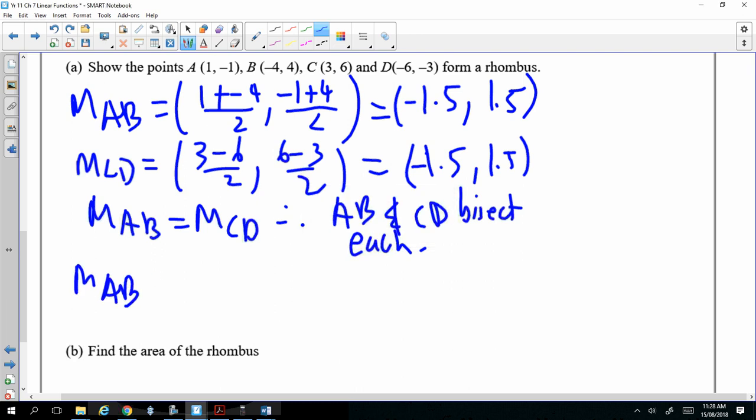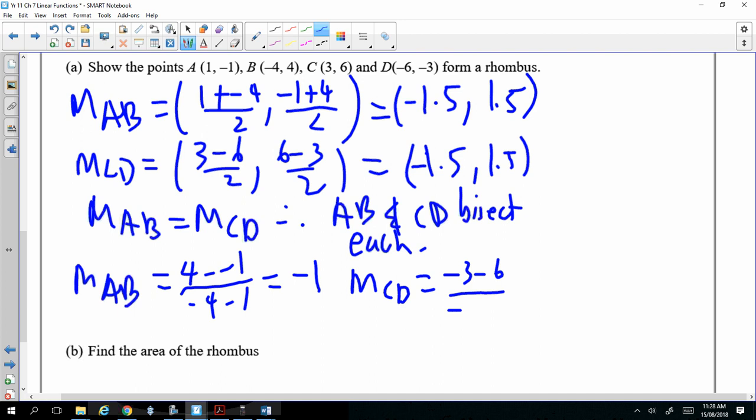Gradient of CD is -3 minus 6 over -6 minus 3, which is 1. If you multiply them together, you get -1. Therefore, AB is perpendicular to CD, and therefore you can say that ABCD is a rhombus.